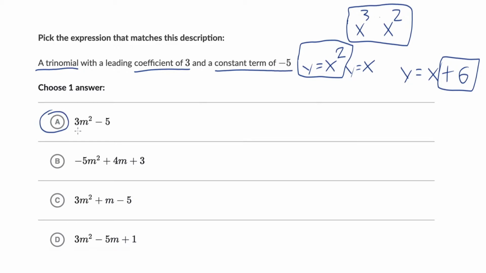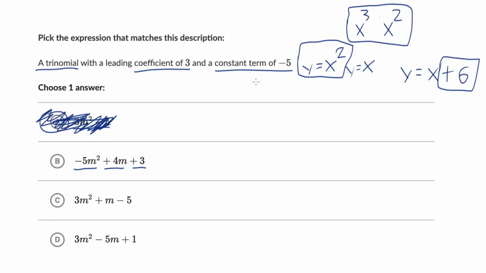You can see that A has one term, that's 3m squared, and it has a -5. There are 2 terms in A. So obviously this is not the answer because it's asking for a trinomial. So we can cross that out, okay? You can see B, C, and D have not 1, not 2, but 3 terms. So this is a trinomial.